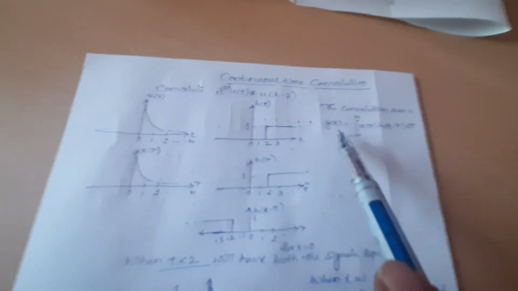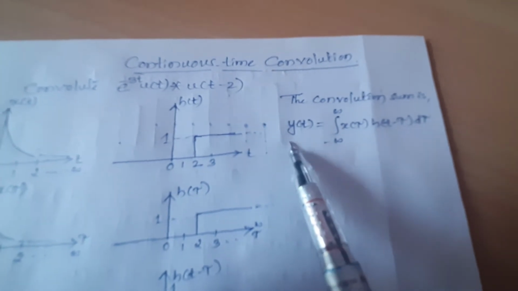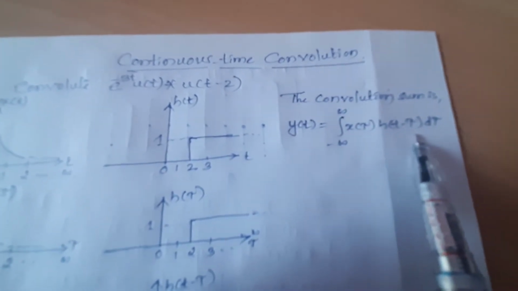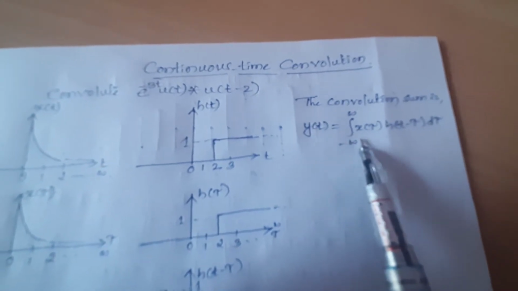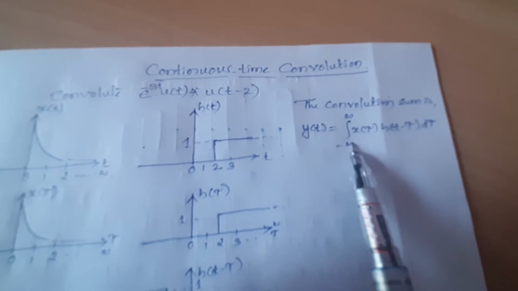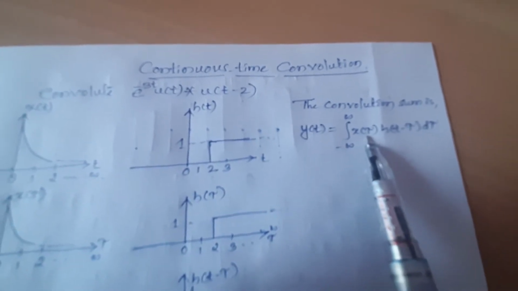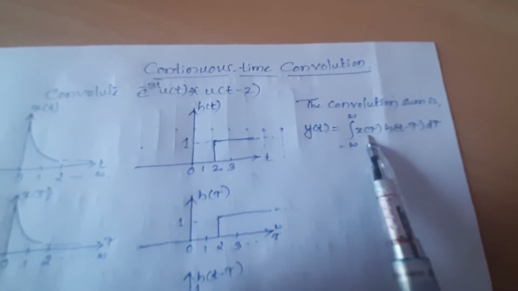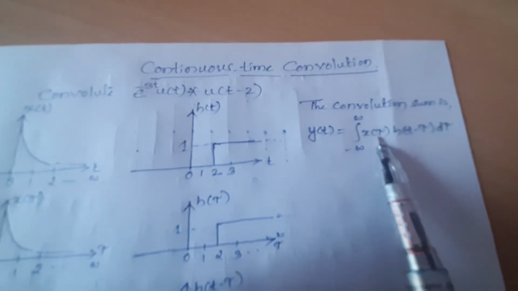Now we know that the convolution is given by the expression y of t is equal to the integral of x of tau h of t minus tau d tau. So we use integration in place of summation because the signal is continuous, and x of tau in place of x of k because k is a discrete variable and tau is a continuous time variable.